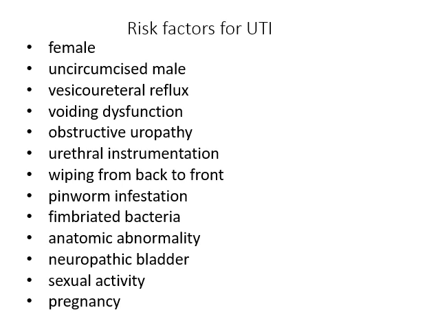Then pregnancy, because, one, women have a shorter urethra. Secondly, progesterone relaxes smooth muscles, and relaxation of the smooth muscles of the urinary tract leads to what? Stasis of what? Urine.